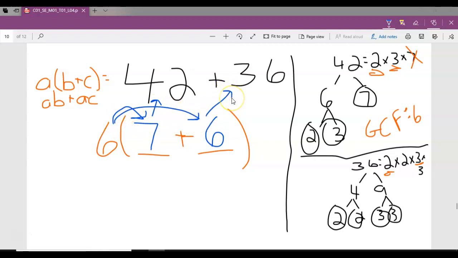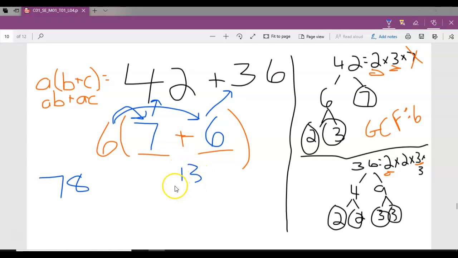Now, before I say I'm done, I'm going to check to make sure that these expressions equal each other. So I know that 42 plus 36 is 78. So this right here should equal 78 as well. So my parentheses tell me to do 7 plus 6 first. 7 plus 6 is 13.